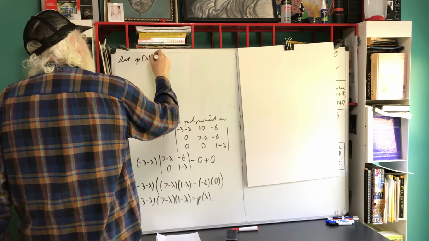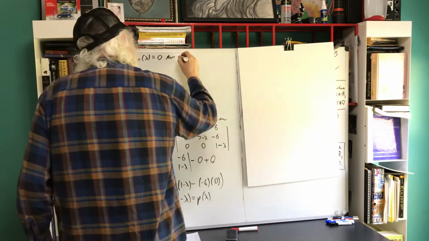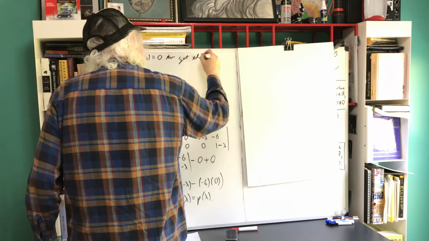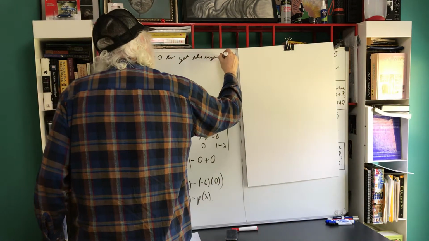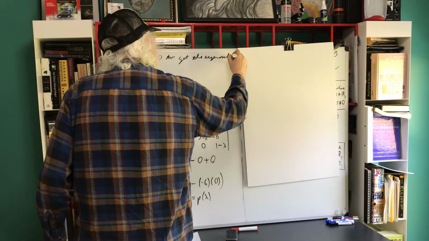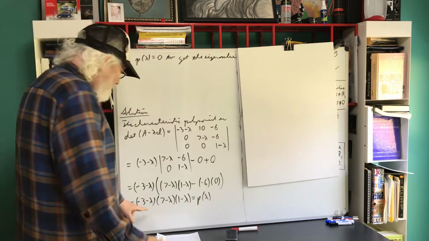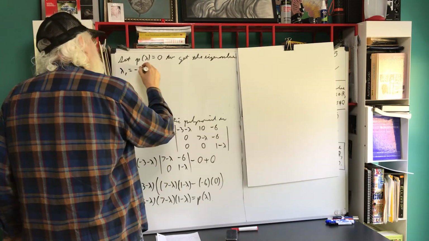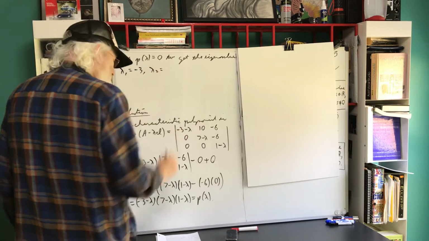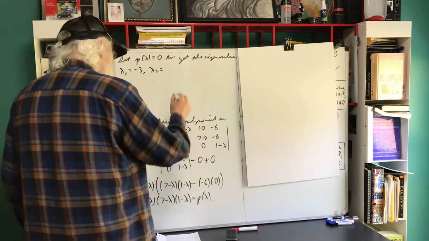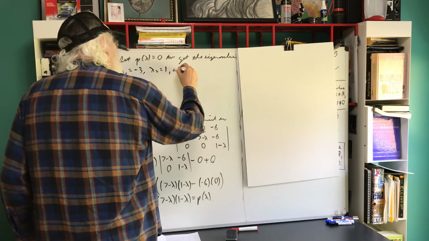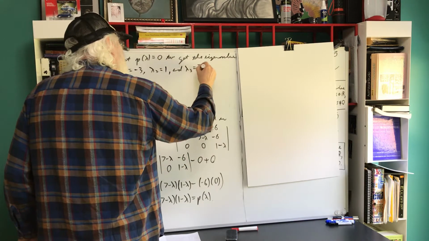Set P of lambda equal to 0 to get the eigenvalues: lambda 1 equals negative 3, which would be the least, lambda 2 equals 1 would be next, and lambda 3 equals 7.